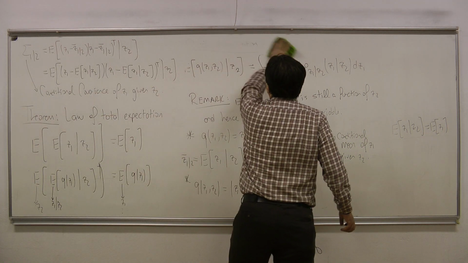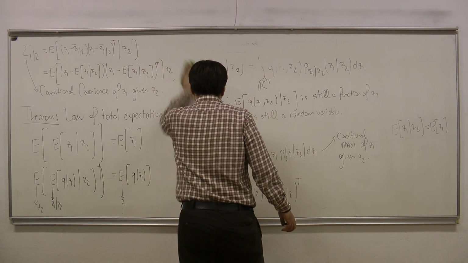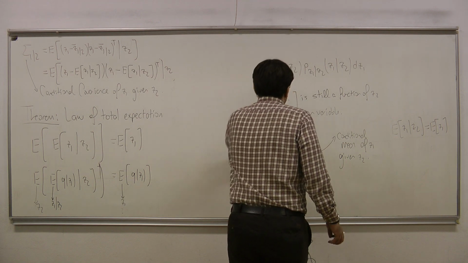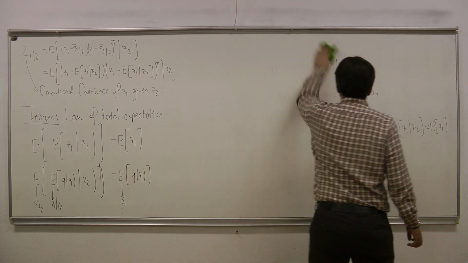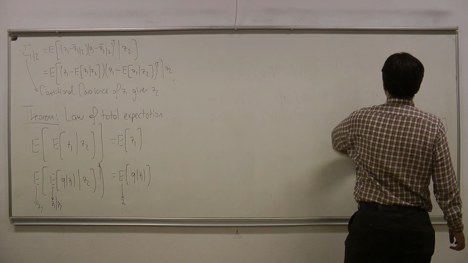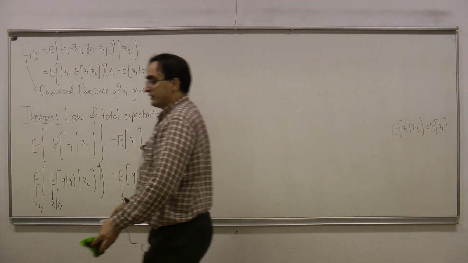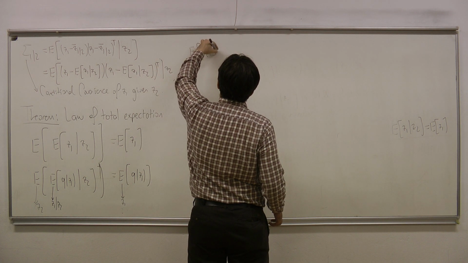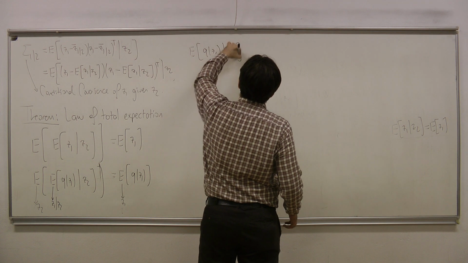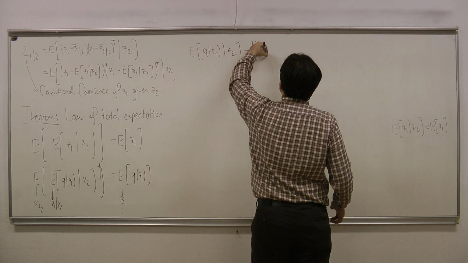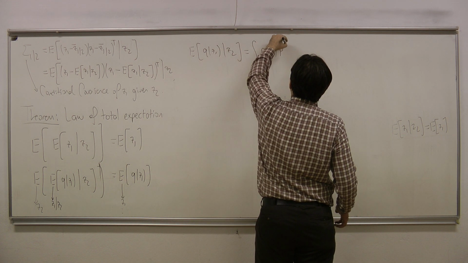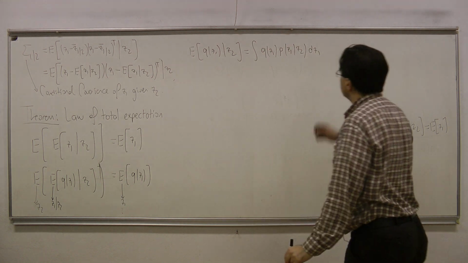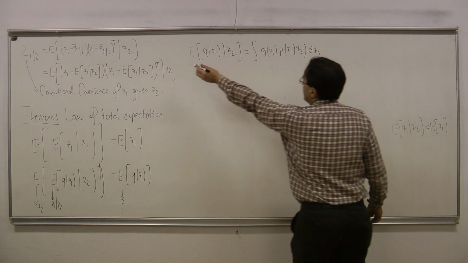The proof of this is not really difficult. Let us quickly go over it. I will first write what the inner expectation is. The expectation of Q of Z1 given Z2 is equal to the integral of Q of Z1 times P of Z1 given Z2, dZ1. This is a conditional expectation.